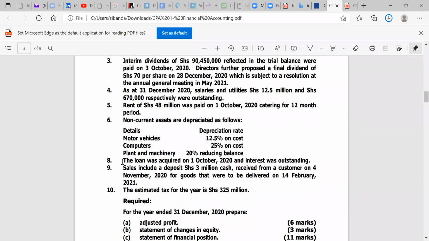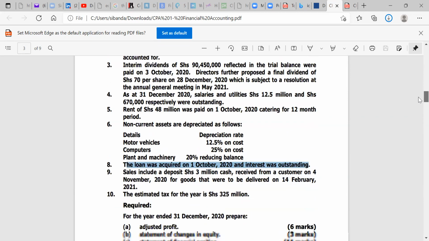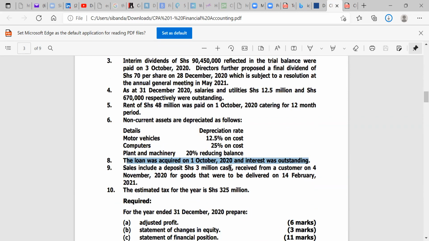Now they are telling us here that the loan was acquired on 1st October 2020 and the interest was outstanding. So what does this mean to you? This so-called loan you're seeing here, the 18% repayable by 2027, was acquired on 1st October 2020, and they're telling us that interest was outstanding.